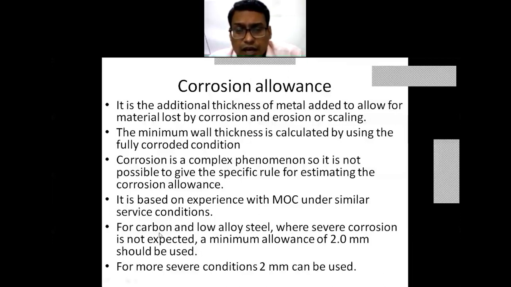For example, for carbon and low alloy steel, where severe corrosion is not expected, a minimum allowance of 2 millimeters should be used. So 2 millimeters is added to the basic thickness calculation as a corrosion allowance. For more severe conditions, 4 millimeters can be used.